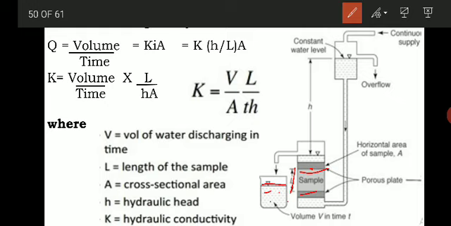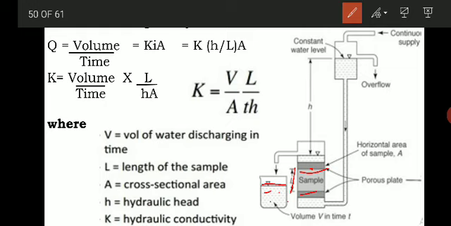In this method the flow is maintained constantly through a small sample of the material, while the measurements of the flow rate and the head are made. The constant head and falling head types of permeameter are simple to operate and they are widely employed. So what is done in constant head, we'll see now.